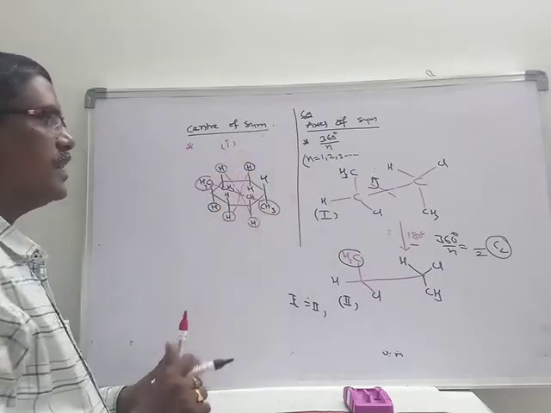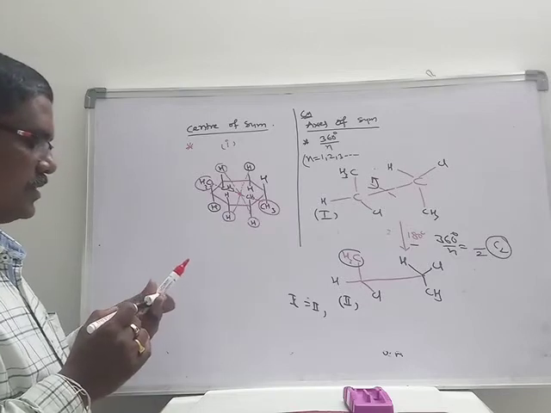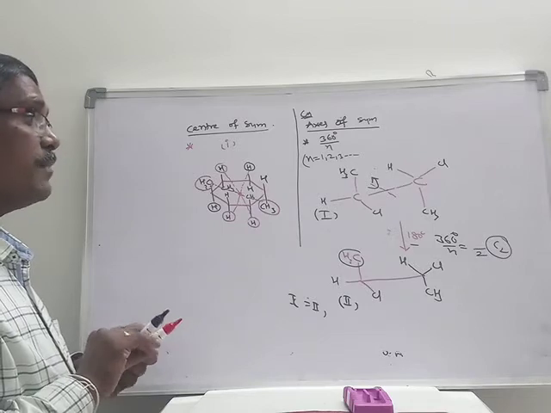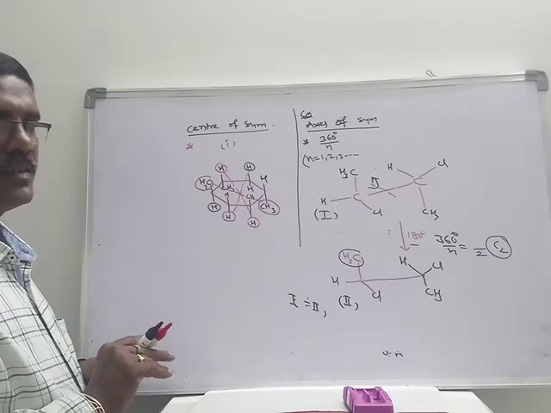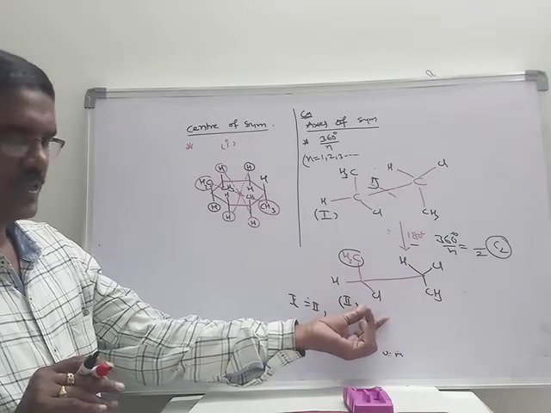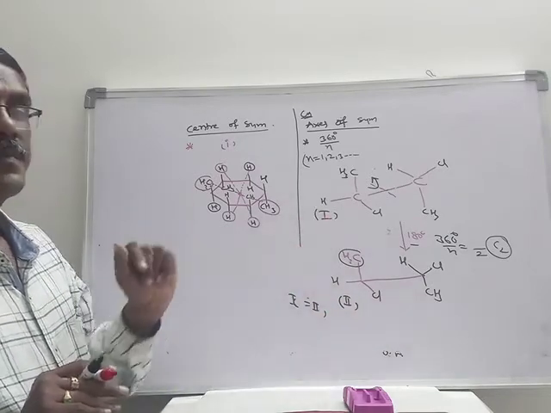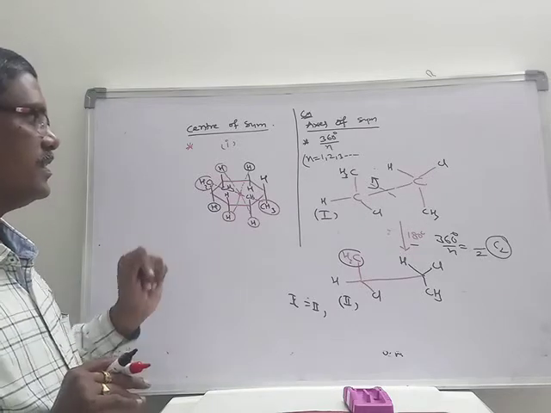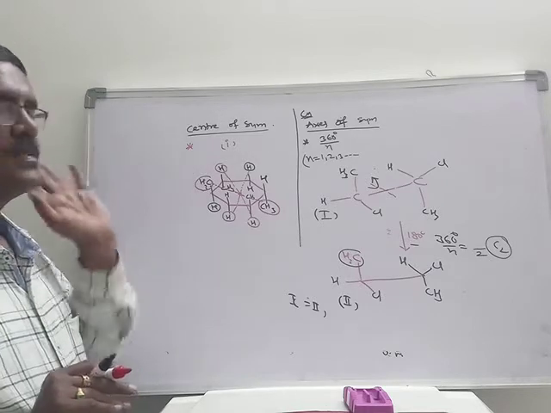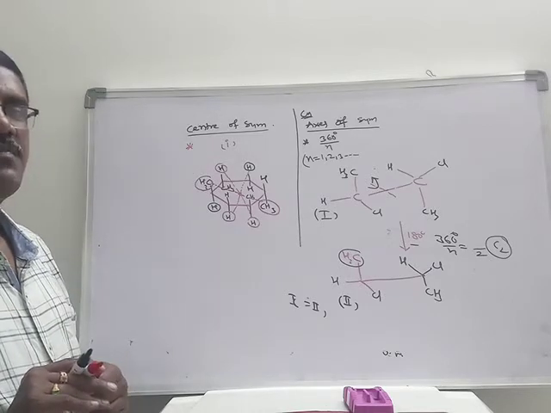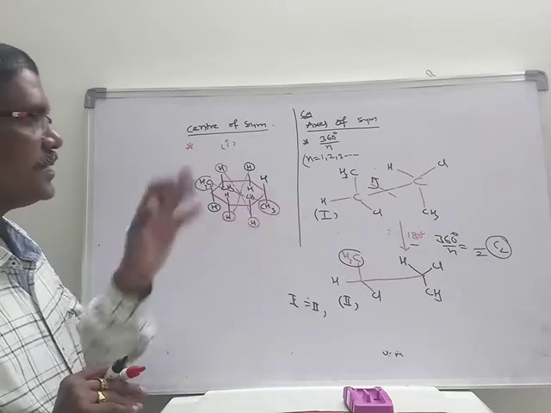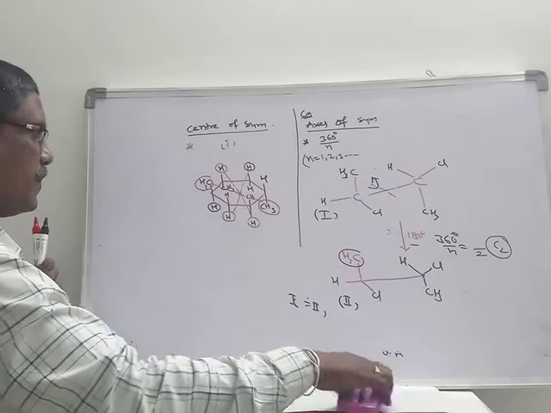The definition is: if a molecule is rotated by 360 degrees divided by n along an imaginary axis, and the obtained structure is similar to the original first structure, then the imaginary axis is called the axis of symmetry, or Cn axis of symmetry. This molecule has a Cn axis of symmetry.